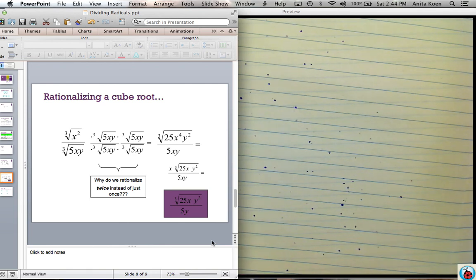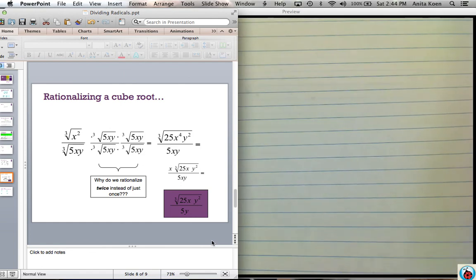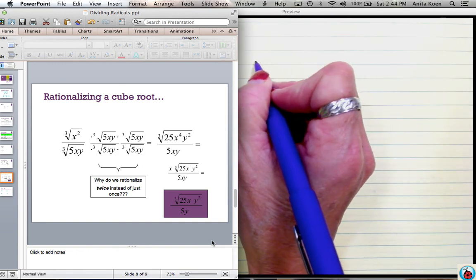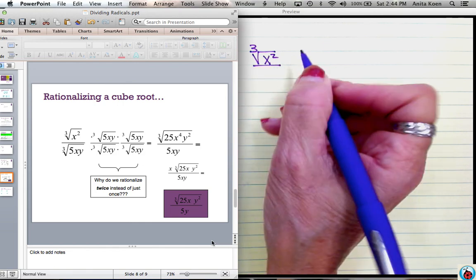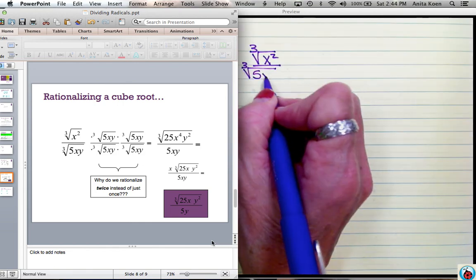Rationalizing a cube root is a lot like rationalizing a square root. So let's look at this. Rationalizing a cube root. I've got the cube root of x squared divided by the cube root of 5xy.